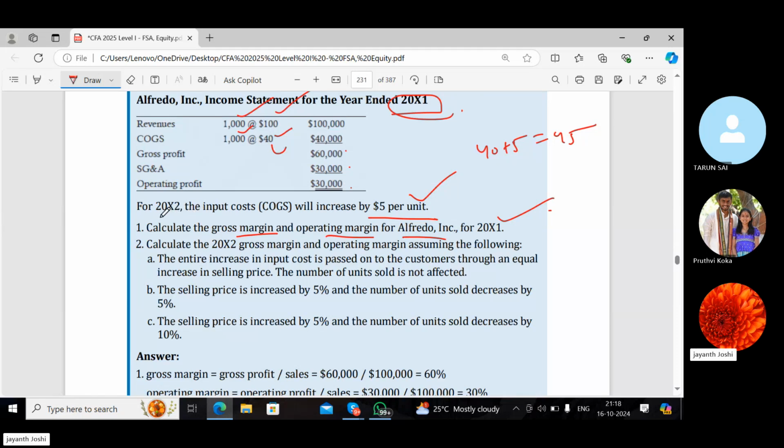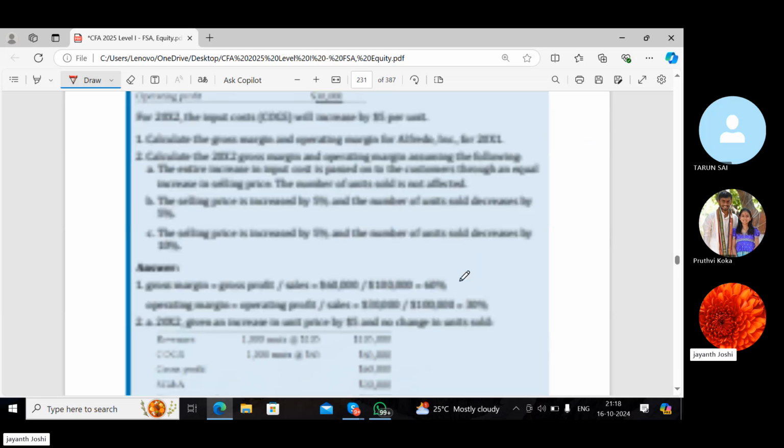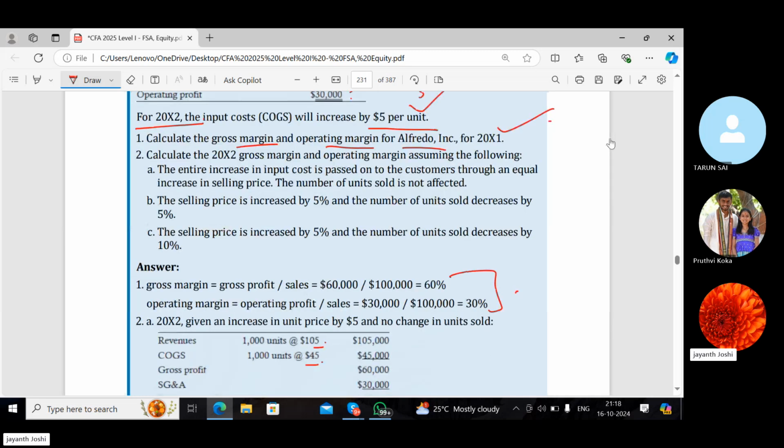The changes are happening in which year? 2002. So first we will calculate the gross profit margin. It's going to be 60%, and operating margin is going to be 30%. They have just calculated.